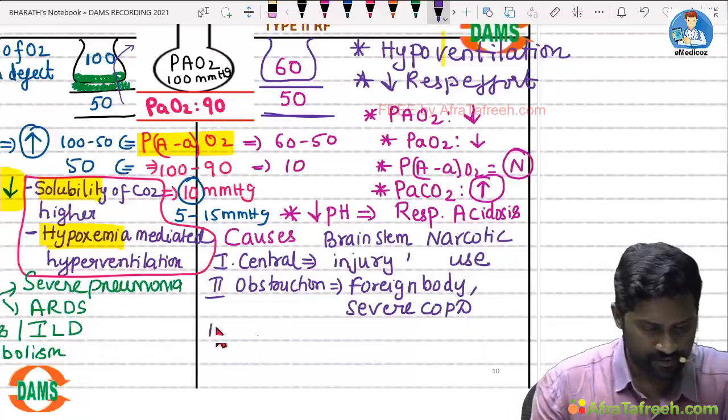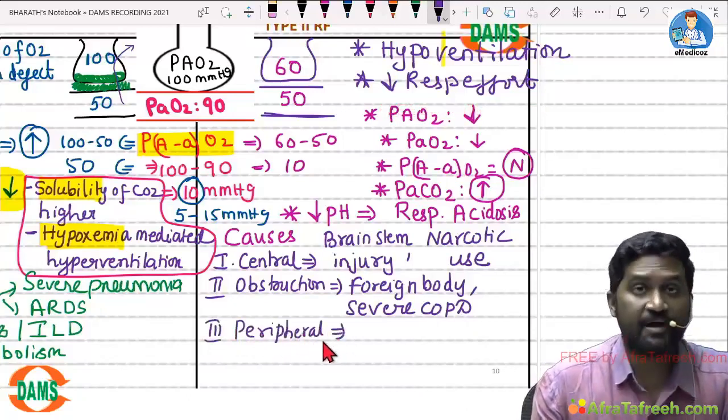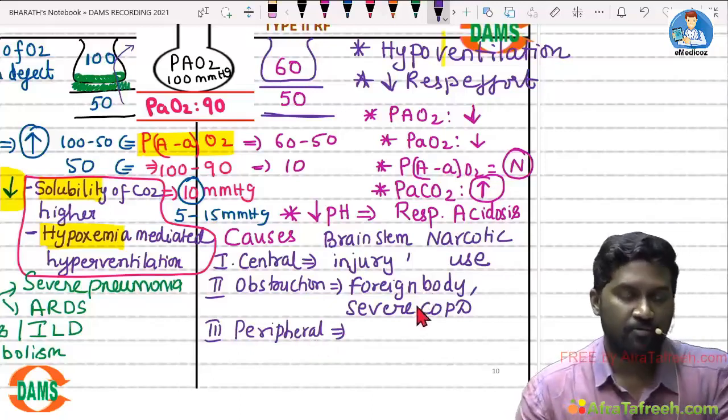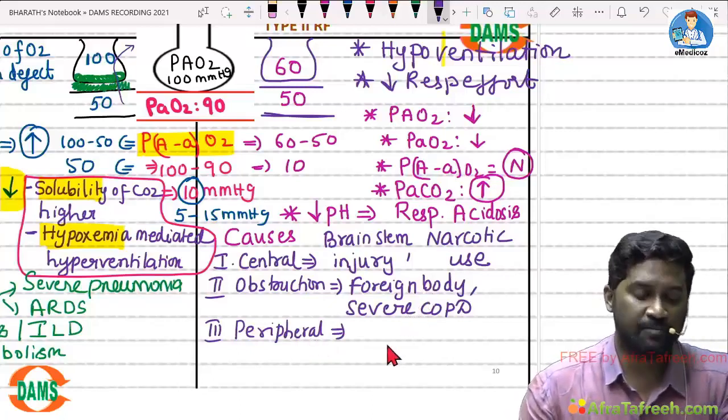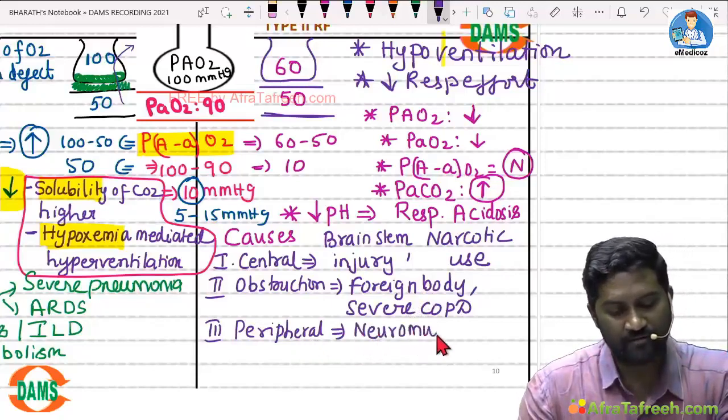Third cause, peripheral causes. Central means something happening at the level of the brain. Peripheral means something happening on the chest wall. Over the chest wall, your respiratory muscles have become weak. We have neuromuscular disorders.